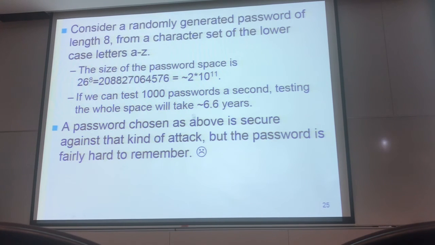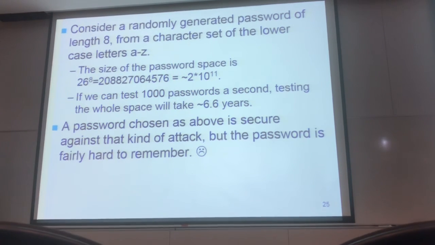This is an artificial example. Nowadays, the attacker can do password testing at a much faster rate. In particular, if you use a GPU, you can do the password testing very quickly because a GPU can do the testing in parallel. But this is just an artificial example to illustrate the strength of the password.